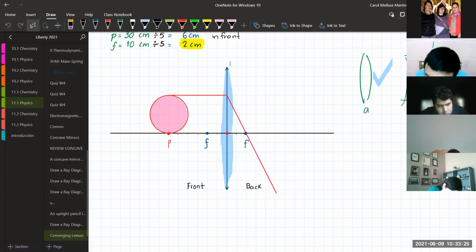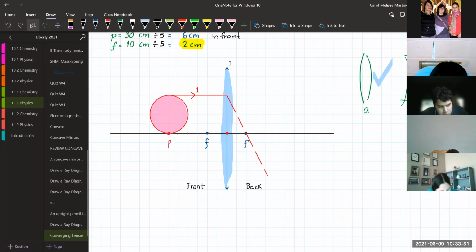Remember that whenever you are in the back of the mirror or the lens, you have to do a dash line. Okay, so this is the first ray. Now let's work with ray number 2.